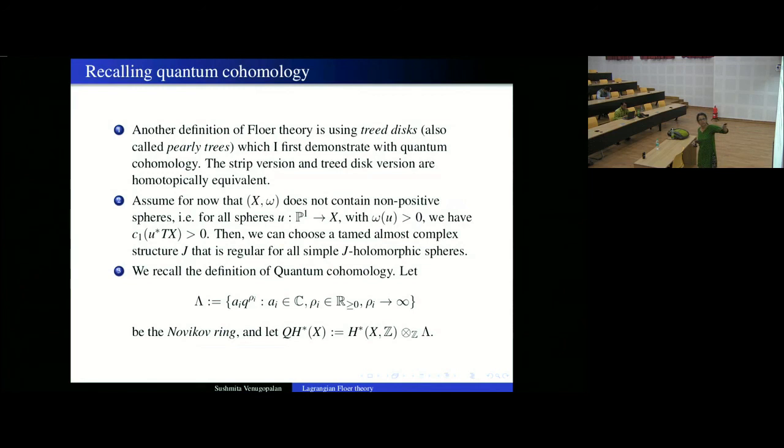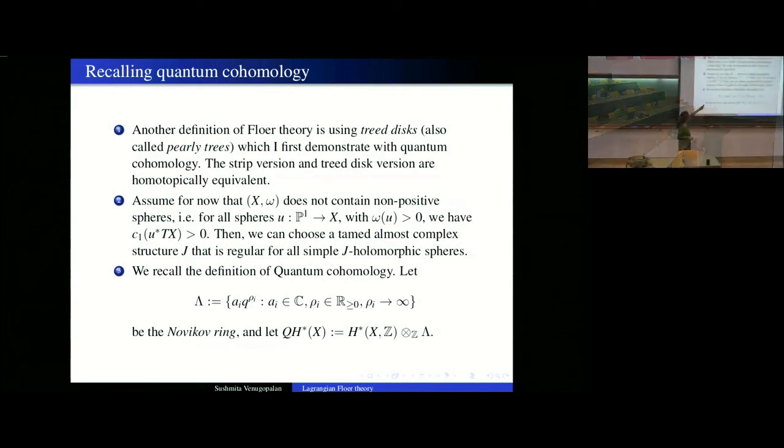Then we can choose a tamed almost complex structure for which all the simple J-holomorphic curves are regular, which means we can choose a generic J so that the moduli spaces are smooth manifolds of the expected dimension. In that situation is when Ritwik defined the quantum cohomology.